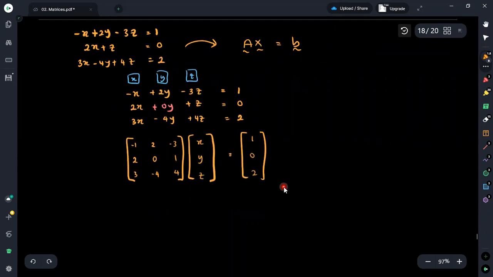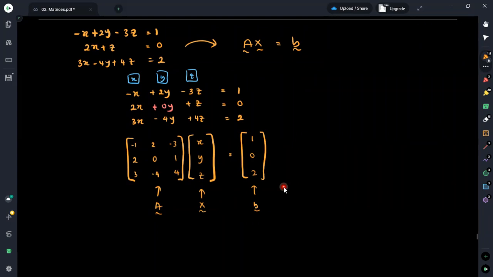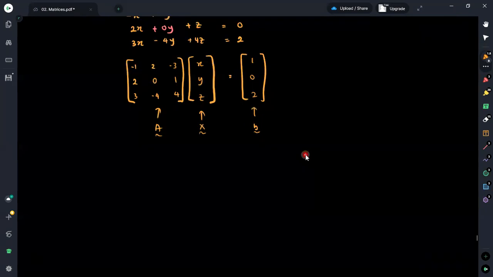Here, this is the matrix A, this is the vector x, and this is the constant vector. First, we need to check the determinant of the matrix A, so we need to obtain the determinant of matrix A.